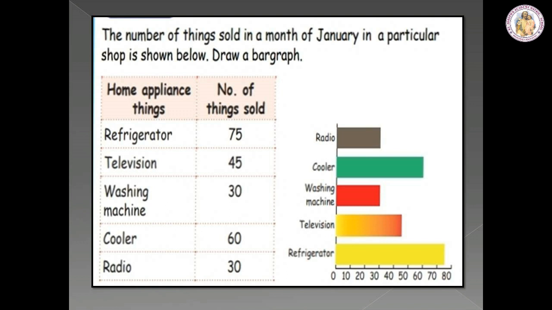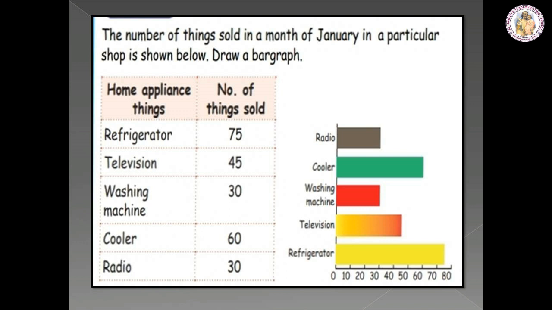They have given home appliances: refrigerator, number of things sold, that is 75. Television is 45. Washing machine 30. Cooler, that is AC, 60. Radio is 30. I have given a bar graph with the help of a graphical representation.